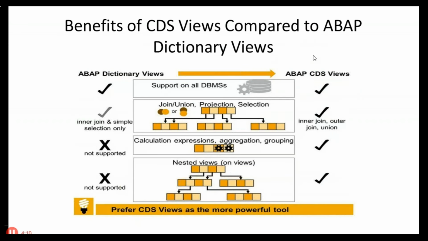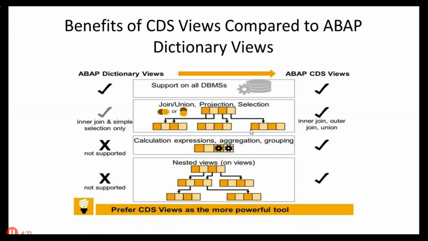Now, the benefits of CDS views compared to ABAP dictionary views. We have done the normal views and we have done the CDS views also. In the CDS views we can go ahead with inner join, outer join, union, association. There are a lot of other advantages of going ahead with CDS views, which we are going to do in the coming examples.